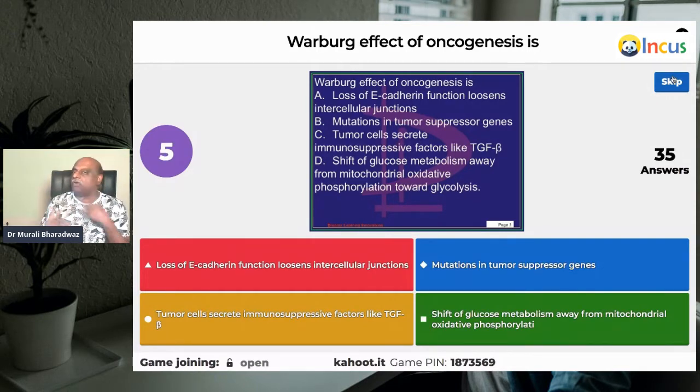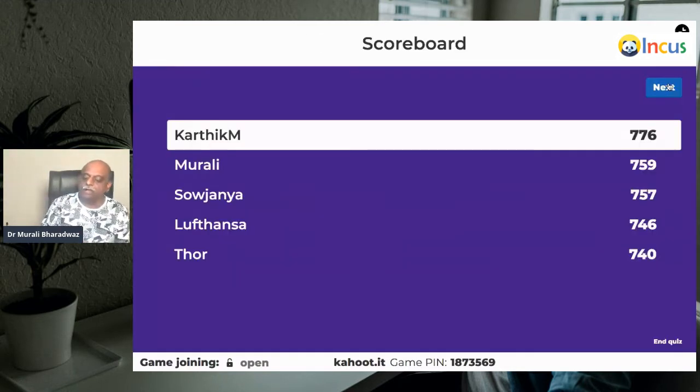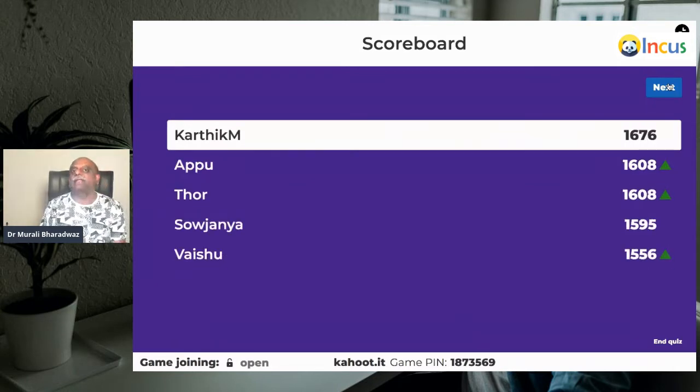So what is meant by Warburg effect of oncogenesis? 19 of you have correctly answered. Once there is tumor, then there is a shift of the glucose metabolism away from the mitochondrial oxidative phosphorylation into cytosolic glycolysis, which is basically called the Warburg effect is what you need to emphatically remember.